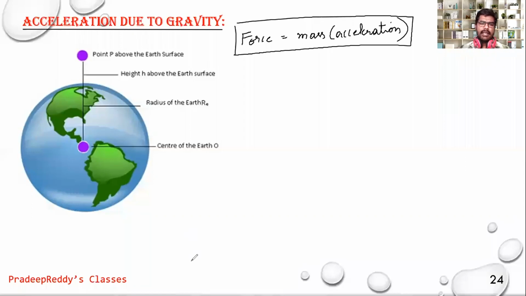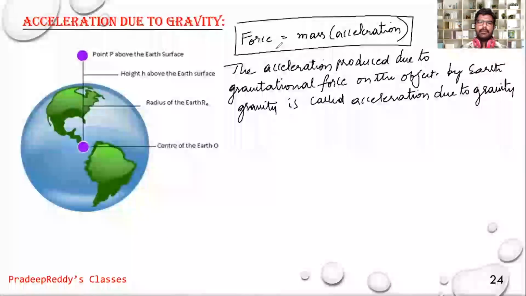So the acceleration produced by gravitational force on the surface of the earth is said to be acceleration due to gravity. So acceleration produced due to gravitational force on the object by the earth's gravitational force is said to be acceleration due to gravity.